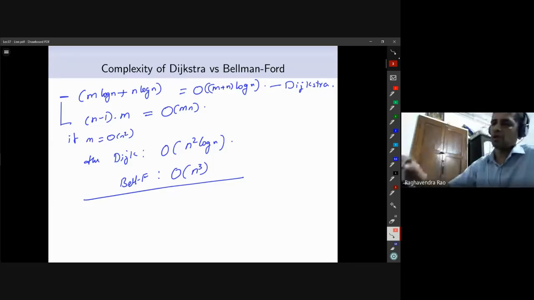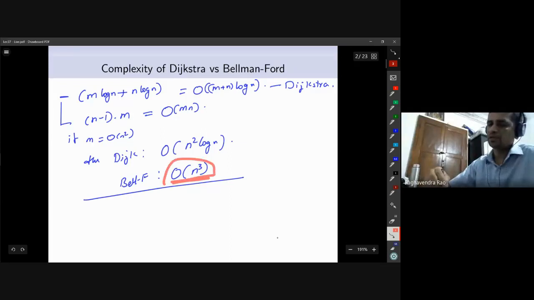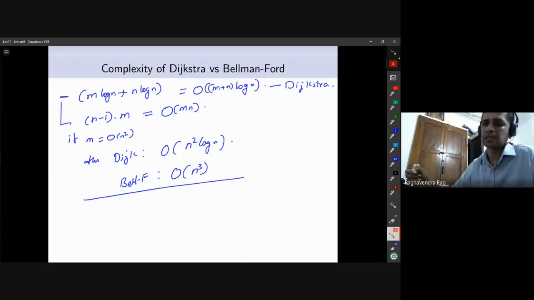For all our purposes, we'll be taking this as the worst case time of Bellman-Ford and Dijkstra's. Dijkstra's you can improve a bit. You can take out this log n factor from m if you use amortized analysis for Fibonacci heaps.